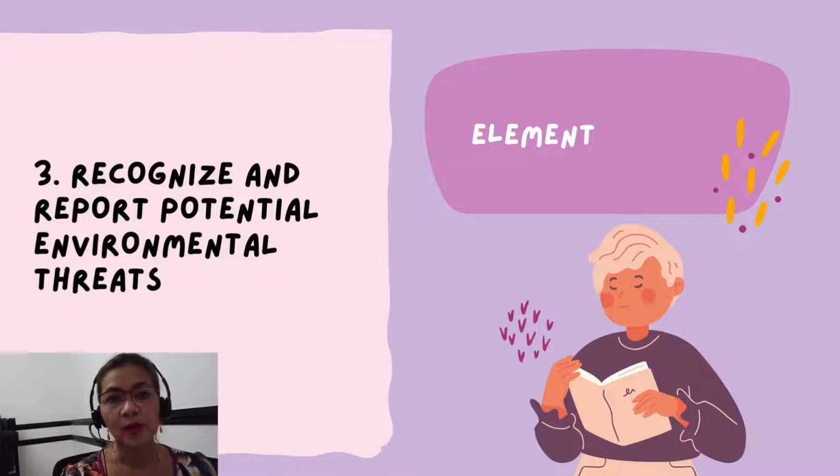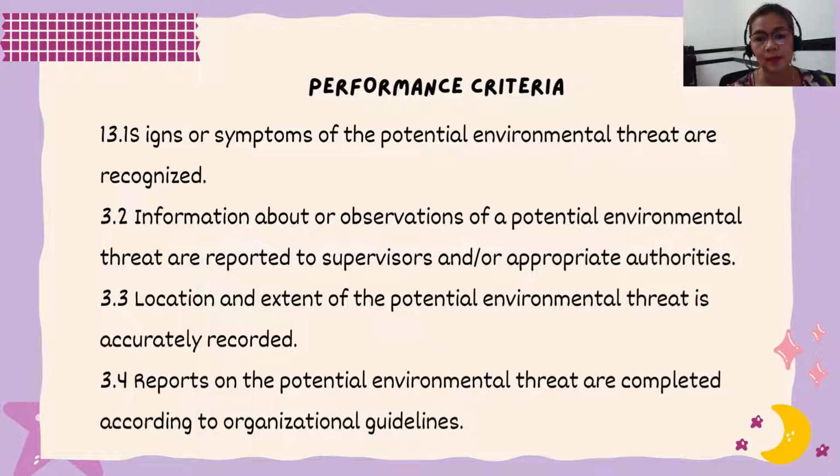For number three, we have to recognize and report the potential environmental threats. So, what are the performance criteria in this kind of element? The following are the performance criteria in recognizing and reporting the potential environmental threats.